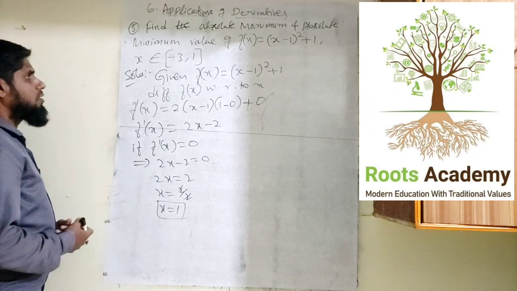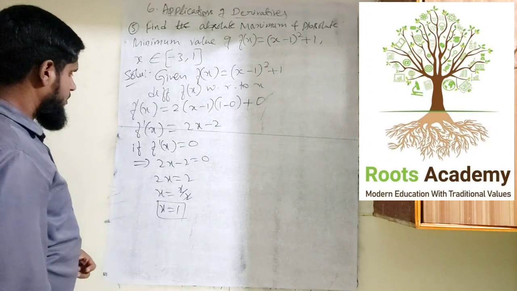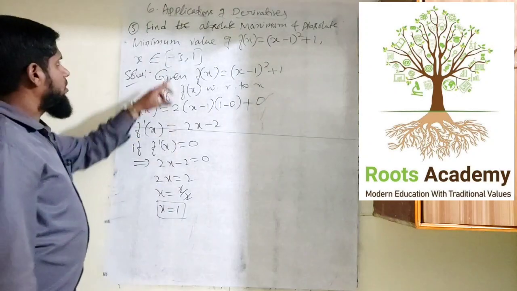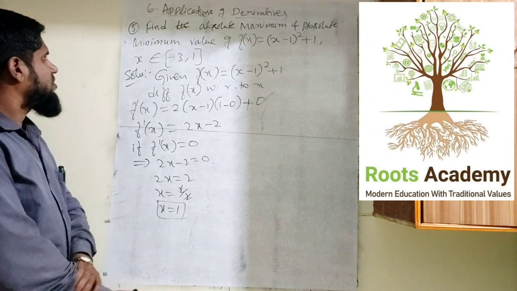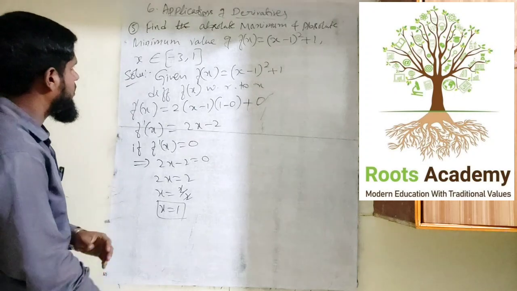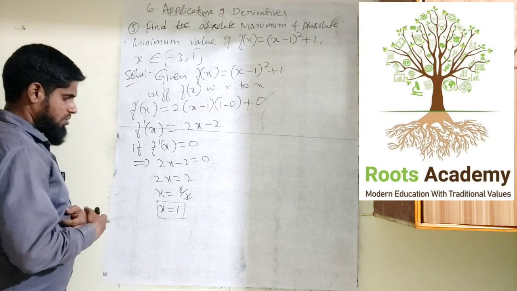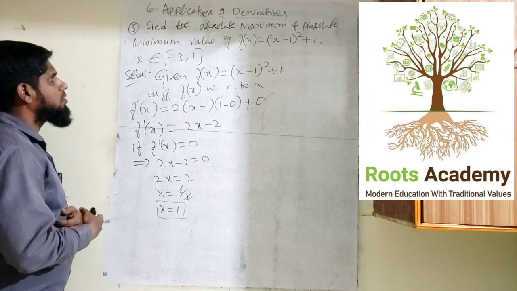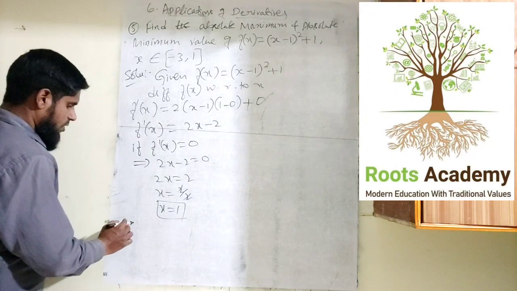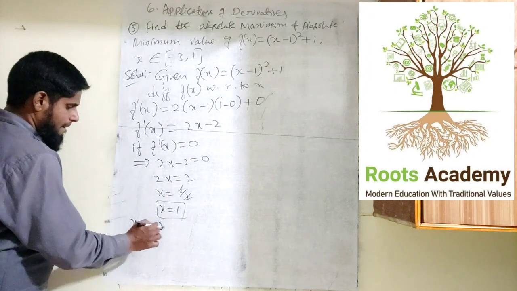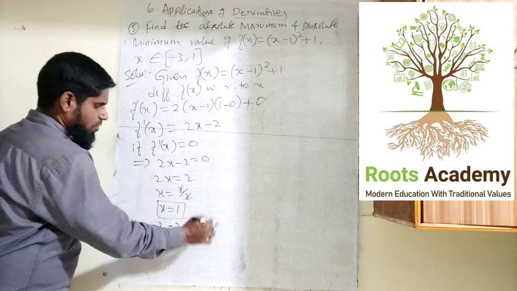Okay. So student, here for these values, let us check. So what are the values of x here? Minus 3, minus 2, minus 1, 0 and 1.